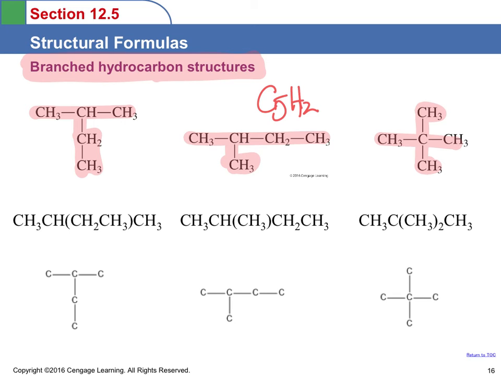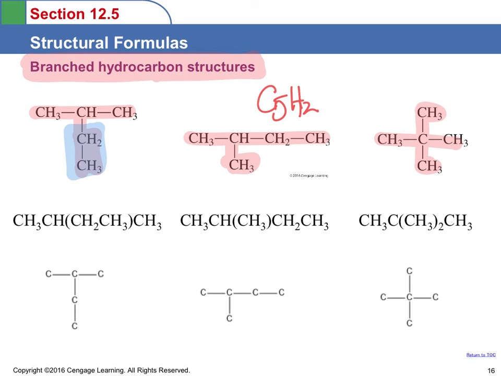Whenever we do these as condensed structures, whenever you have a branch, it is going to be put in parentheses, okay? The way we know this is different than previously using parentheses is there's no number on the outside. So this isn't a repeat. What this is saying is this branch is coming off of the previous carbon.